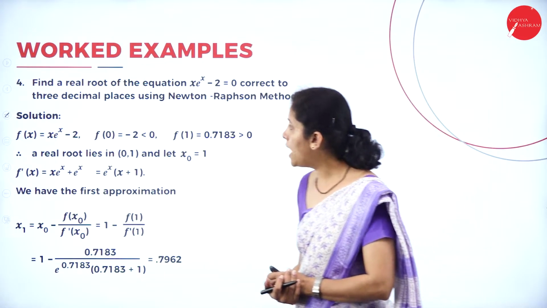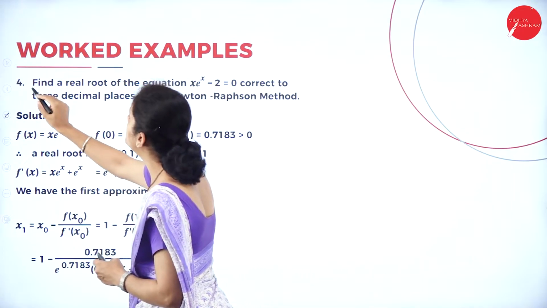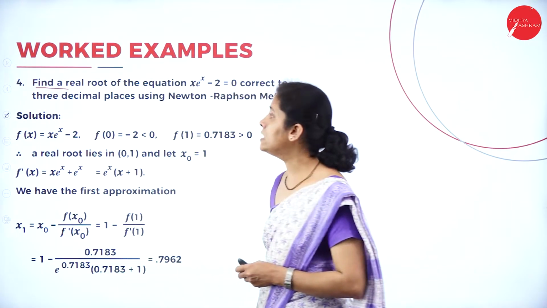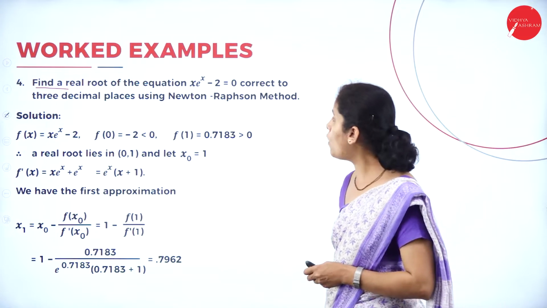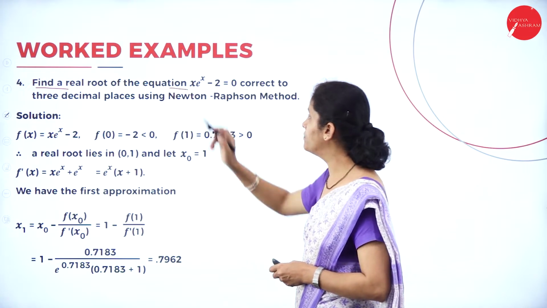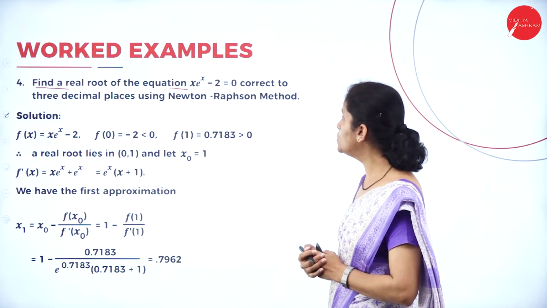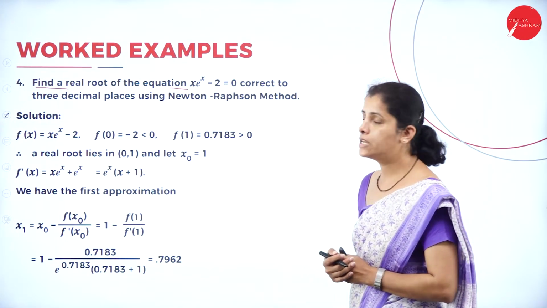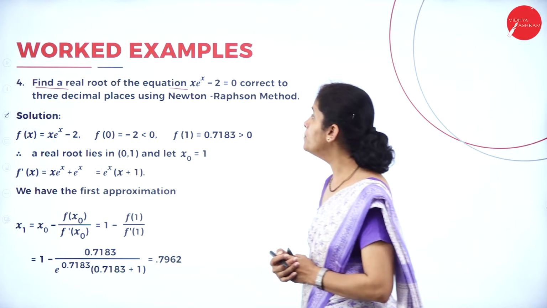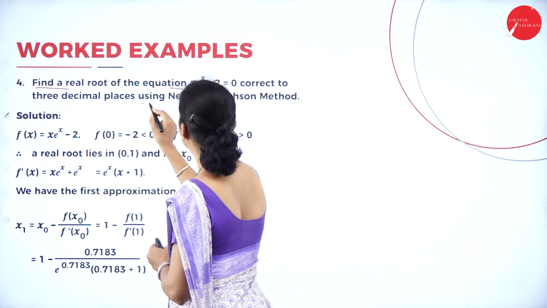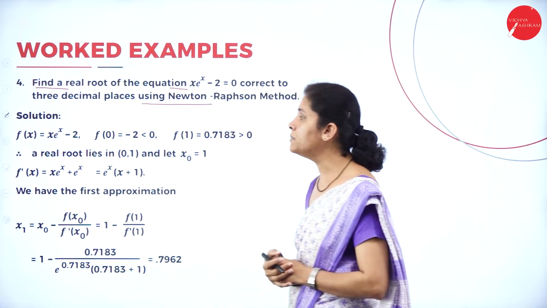Now I'm going to take the fourth problem, that is: find a real root of the equation x e to the power x minus 2 equal to 0, correct to 3 decimal places using Newton-Raphson method.